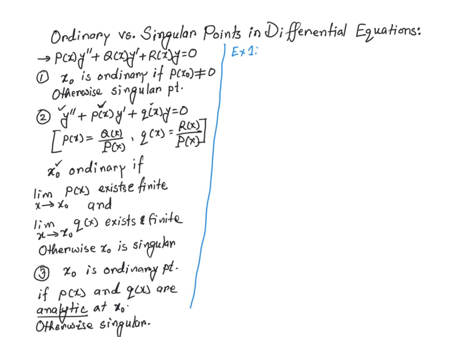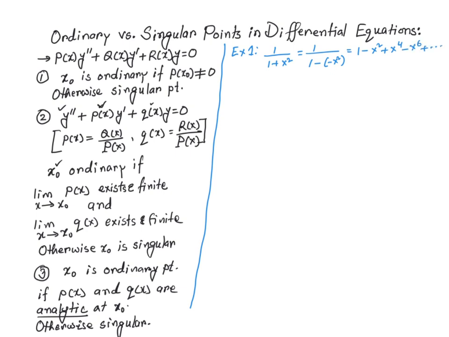It's just a power series expansion of 1 over 1 plus x squared. We want to find the radius of convergence and the discontinuities. So this is the same as 1 over 1 minus negative x squared, which is going to be 1 minus x squared plus x to the power 4 minus x to the power 6 plus dot, dot, dot.